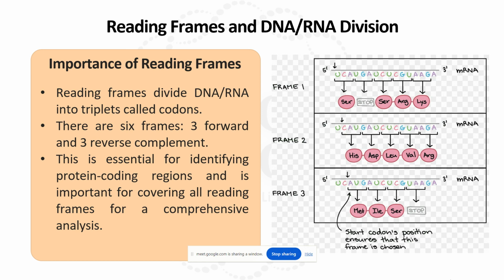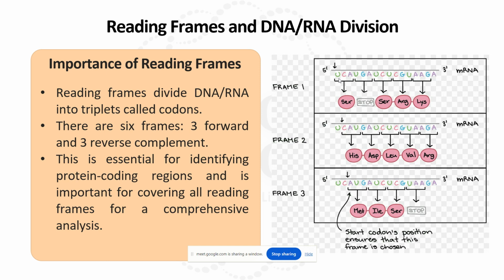We all know that three nucleotides code for one amino acid, and the background algorithm of BLAST works in two ways. The forward strand is segregated into three frames: frame 1, frame 2, and frame 3. Similarly, the reverse is also segregated into frame 1, frame 2, and frame 3. So in total, we have 6 frames.